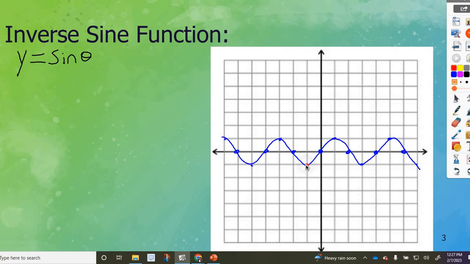So what we're going to do instead is go backwards, and we're just going to look at the part that is from negative pi over 2 to positive pi over 2. What is the range for that? Or what y values does our graph hit? Yep.